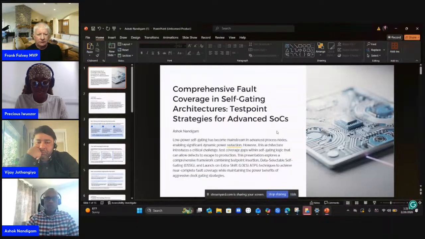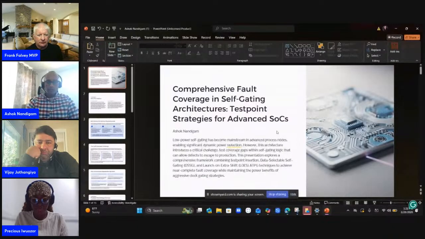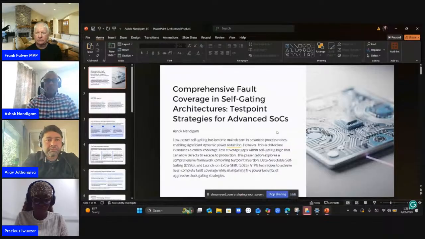This is very different from what we are discussing before. This is on the hardware side, where as we are moving towards AI applications, we have GPU and CPU being used a lot.